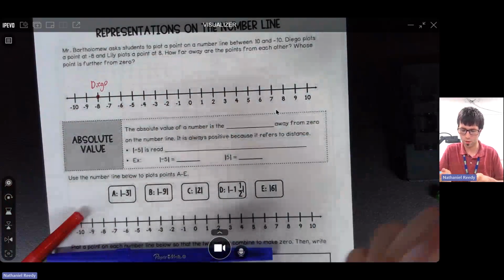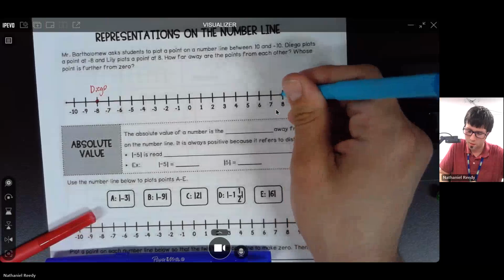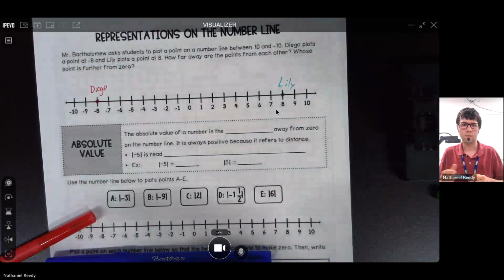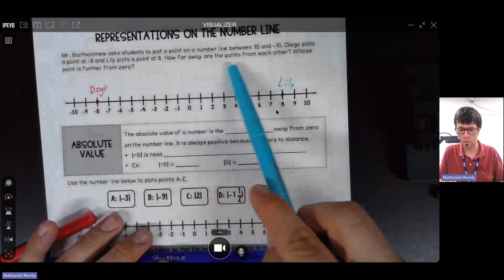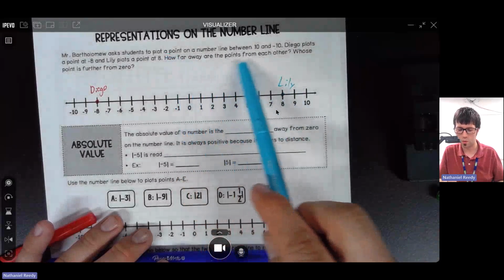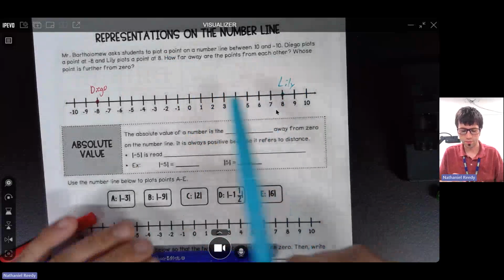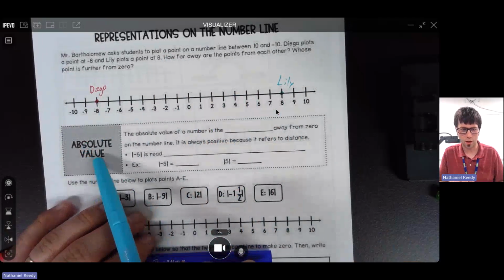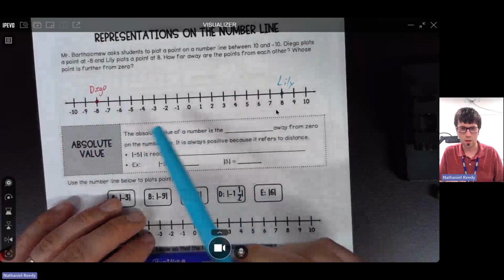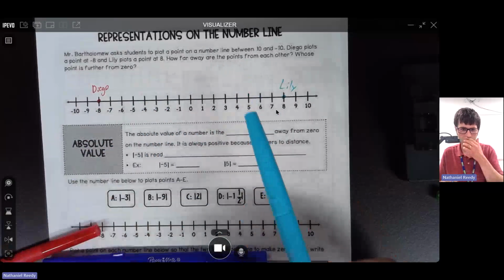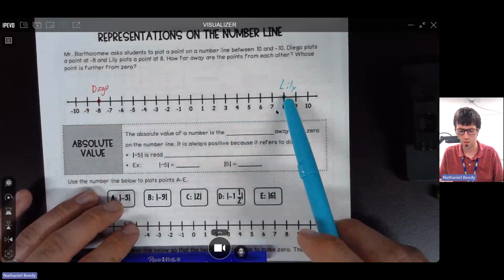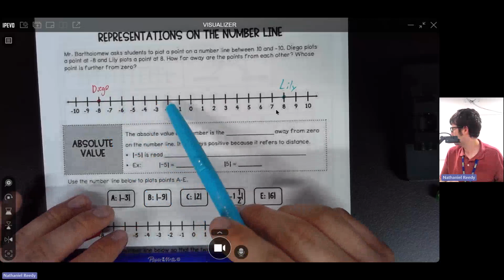So let's get a color for Lily. First question is how far away are the points from each other? I said this part is about distance. It's really about something called absolute value. So let me introduce it to you. How far away are the points from each other? Well, all I have to do is count the tick marks between the two or do a subtraction.